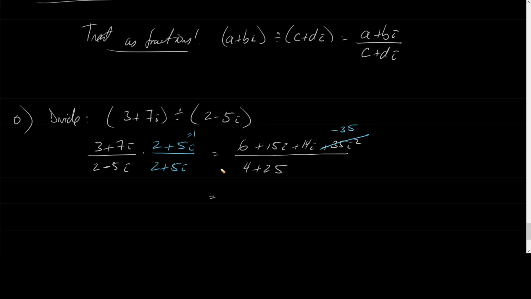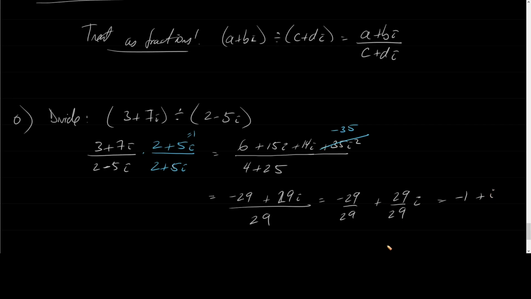So what we have now is 6 minus 35, that's negative 29, plus 15 plus 14 is 29, not 19. So we have 29i. All of this over 29. So we have to write it as two fractions, so negative 29 over 29 plus 29i over 29, which is simply negative 1 plus i, right? 29 over 29 is just 1.